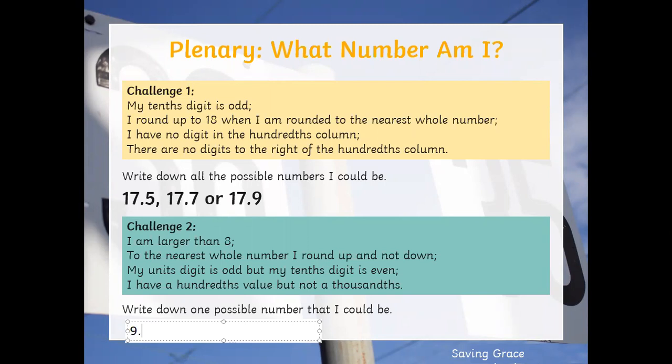So let's say it's 9.61. It can also be 9.62, 9.63, etc. Then it can also be 9.81, 9.82. Then it goes on like that. There's a lot of values that it could be.